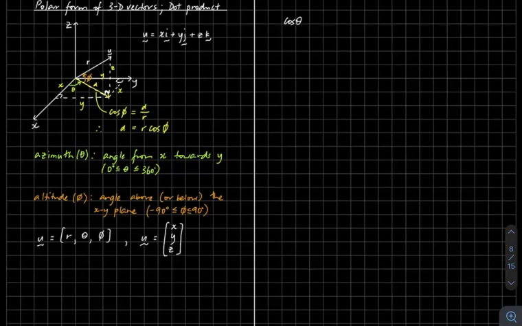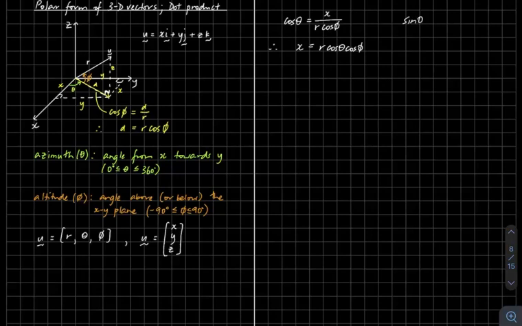So cos theta is going to be equal to the adjacent side, which is x, over the hypotenuse, which I've just said is r cos phi. So rearranging that gives me x equals r cos phi times cos theta, but I'd normally write the theta first. Alright, so x equals r cos theta cos phi.